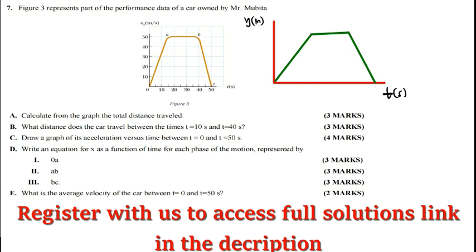Now let's say this is point O, this is point A, this is point B, and this is point C. And we are assuming that time here is 2, then there it is 4, here it is 6, there it is 8, and here it is 10.